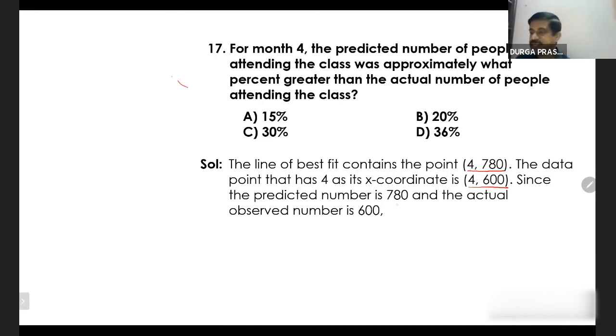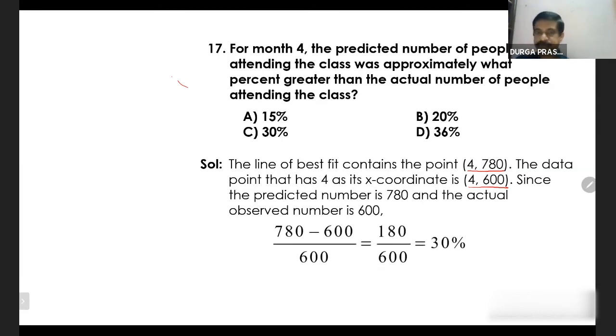Since the predicted number is 780 and the actual number is 600, the percentage difference is 780 minus 600 divided by the original value, the original value is 600, times 100. That is 180 by 600 times 100, which is 30%. So the option is C.